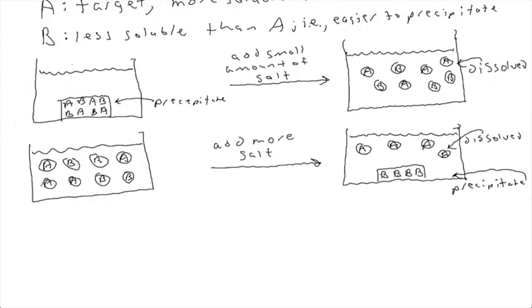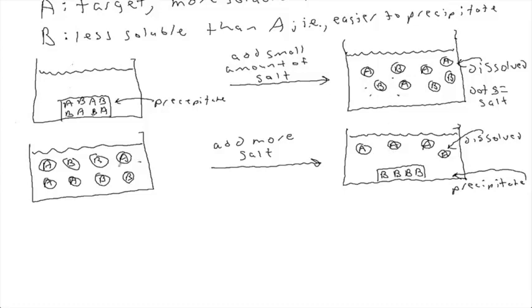Actually, I should say here, let's say that the dots are salt. So notice here, we've added a small amount of salt. Would this picture have more, less, or equal amount of salt to the above picture?